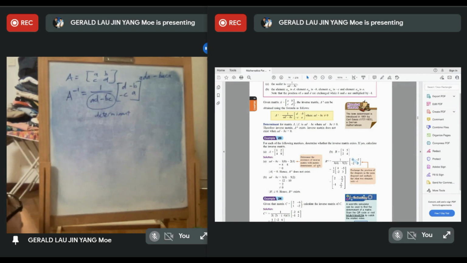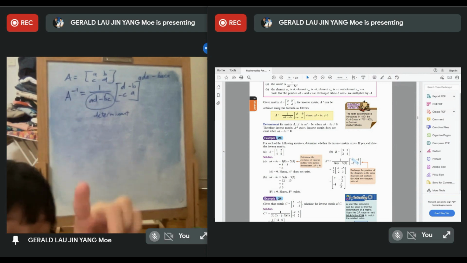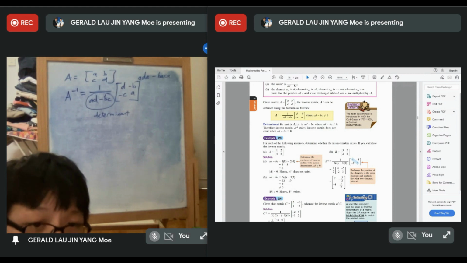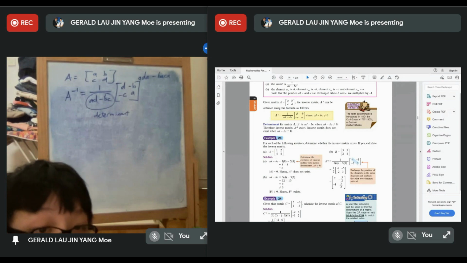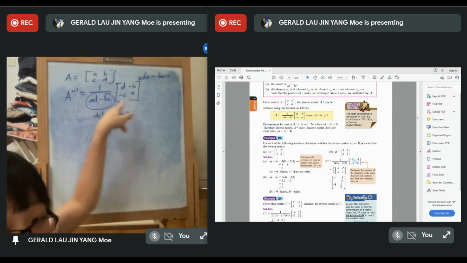Okay. So, to determine whether it has an inverse matrix or not, you have to calculate determinant first. Look at this example. Example 23. Okay, you look at A, whether it has inverse matrix or not. You use the determinant AD minus BC.